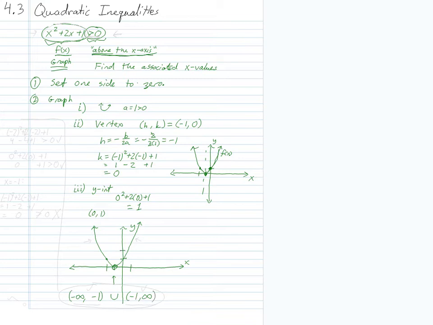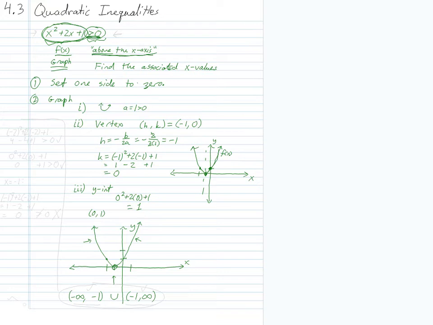So the domain of the left-hand piece and the right-hand piece, any x value in either one of those intervals, causes the left-hand side to evaluate as a positive number and satisfy the inequality that we are starting with. So that's our general procedure.